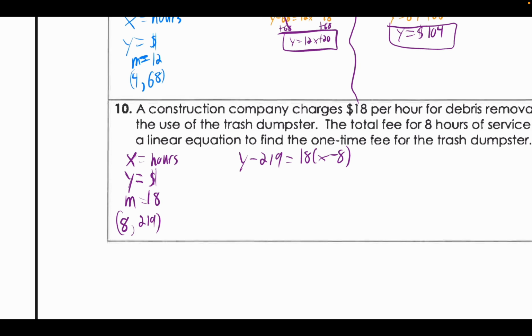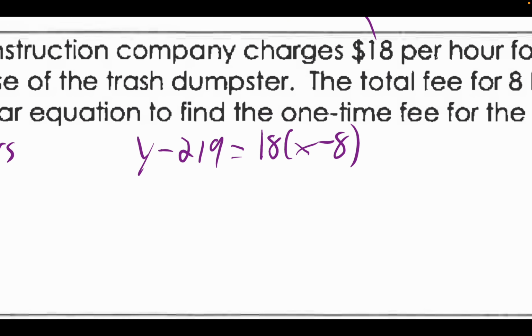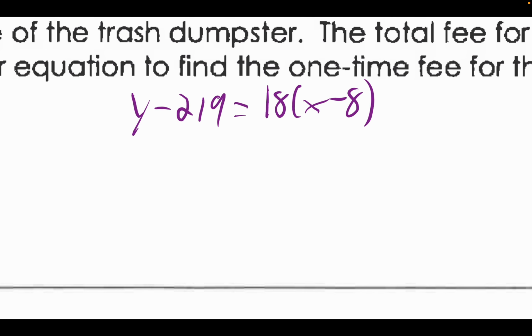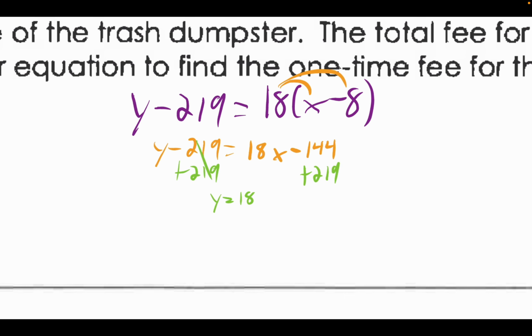Notice I'm not using the extra parentheses right now, which is perfectly fine, one way or the other. And so we distribute the 18, and then we're getting y minus 219 equals 18x minus 144. And so I go ahead and add 219 to each side, and I get y equals 18x plus 75 as my equation.